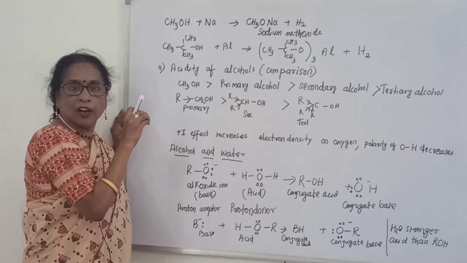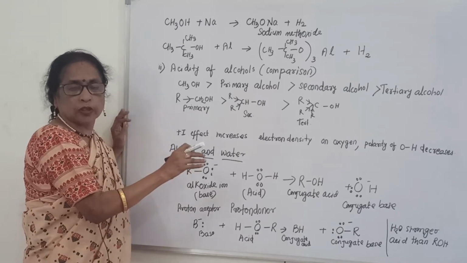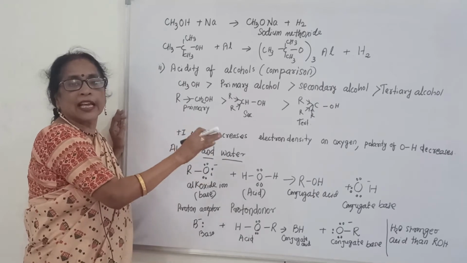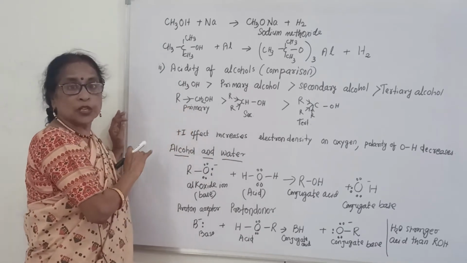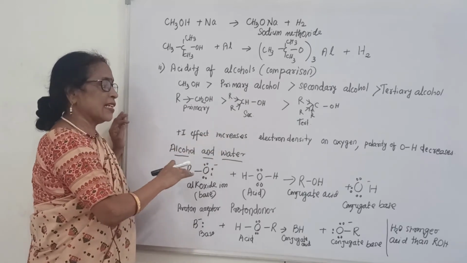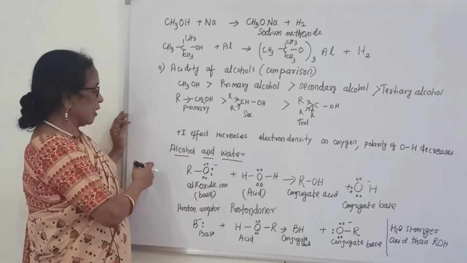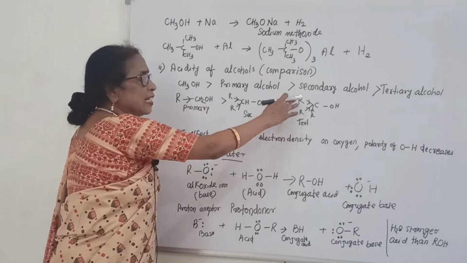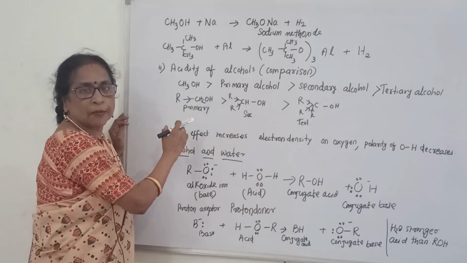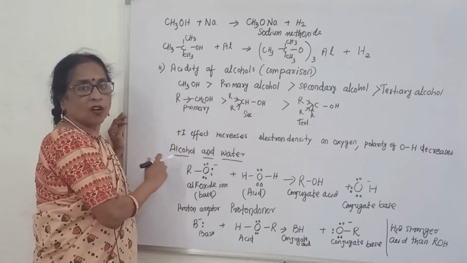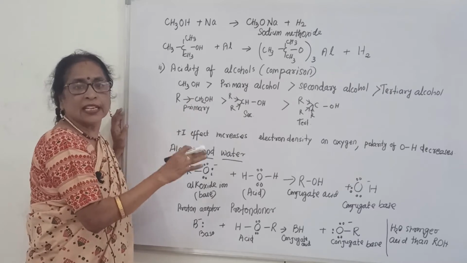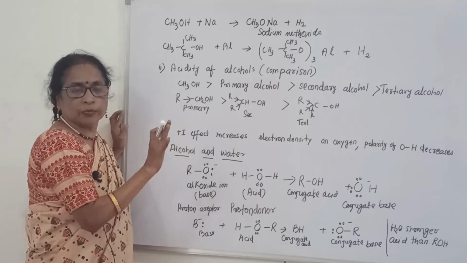If the proton is removed easily and the resulting ion is stable, then only can you say it is very acidic. The plus I effect increases electron density. That is why tertiary alcohol is less acidic than secondary, then primary, then methyl alcohol, because in methyl alcohol only hydrogen atoms are there. There is no alkyl group.